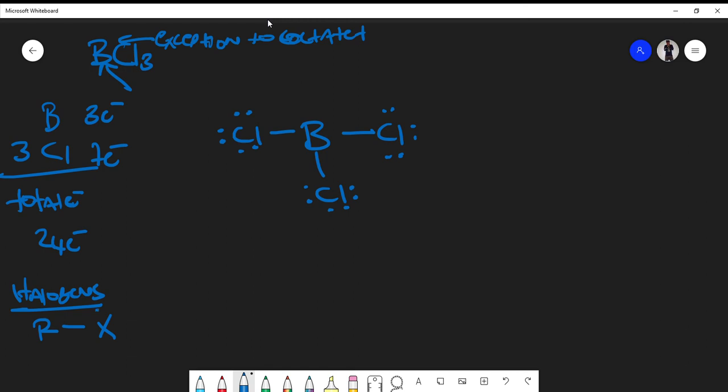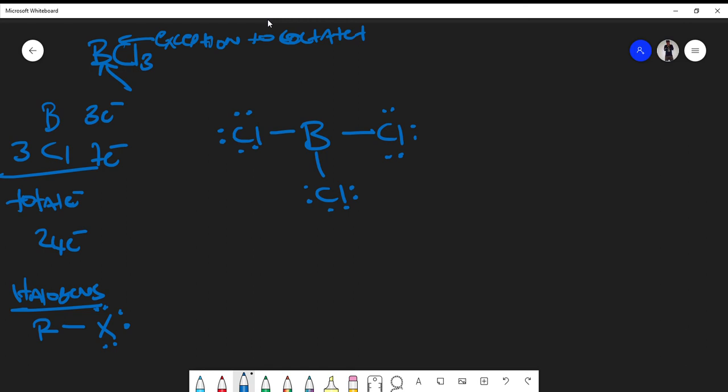The pattern around halogens in bonds is that they usually carry 3 lone pairs with a single bond, right? Usually that's how you see halogens in molecular formulas. Those are patterns of Lewis structures that we must see, right?